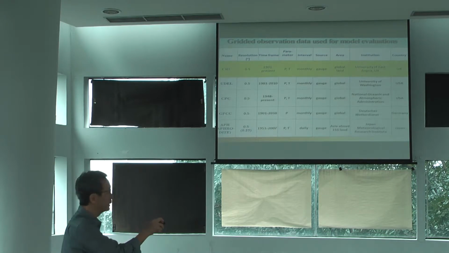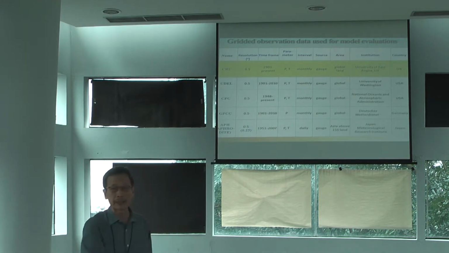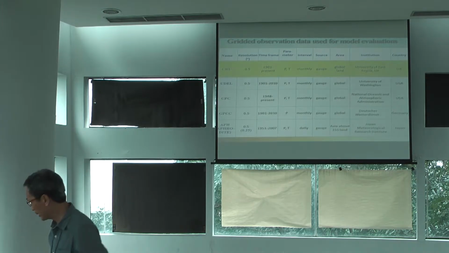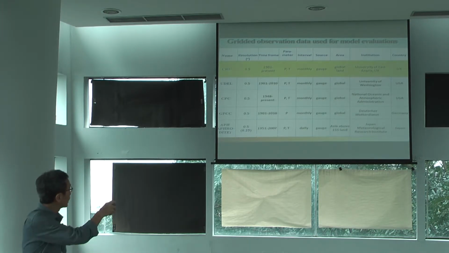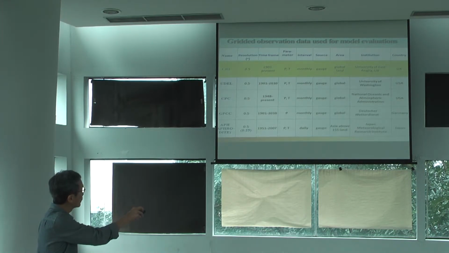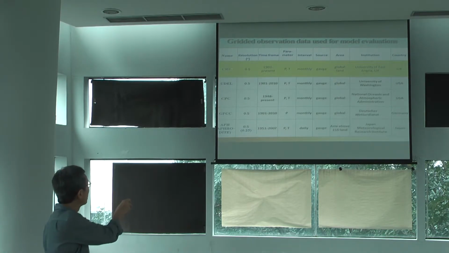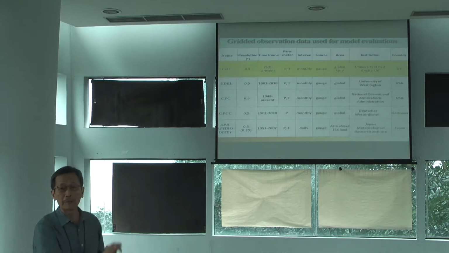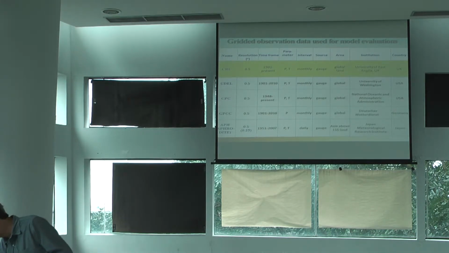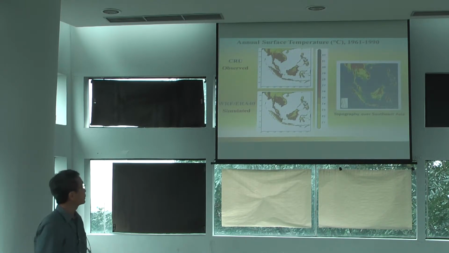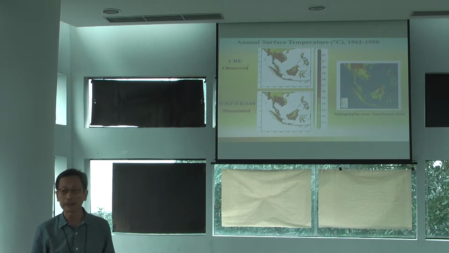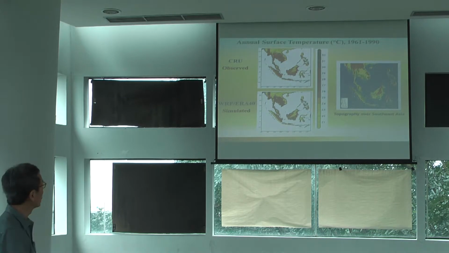So we have data coming from the UK, USA, Germany, and Japan. The reason I'm focusing on one over here is that in the next slide I will show you only one of them, otherwise there are too many panels and maps that will confuse you rather than help you understand. So I'll look at the CRU, the Climatic Research Unit, for this part of the work.